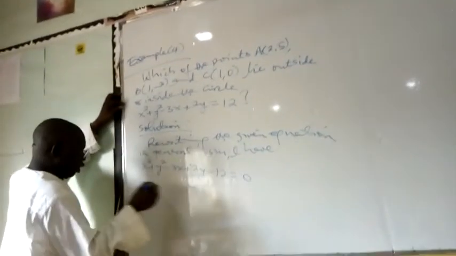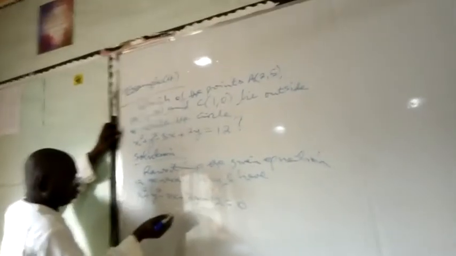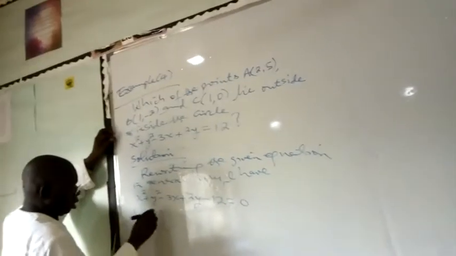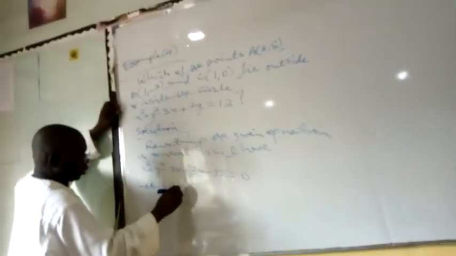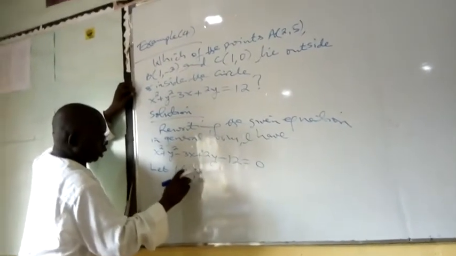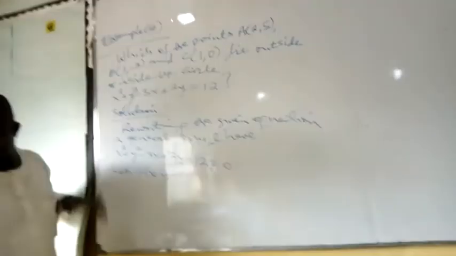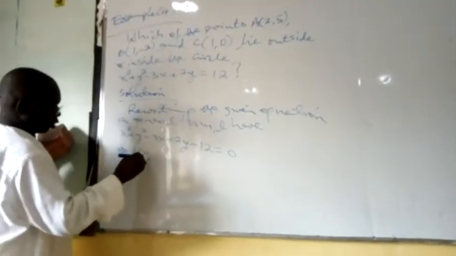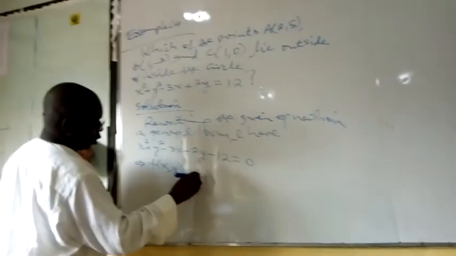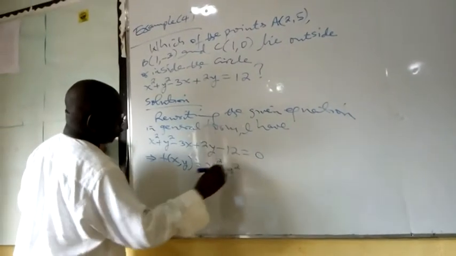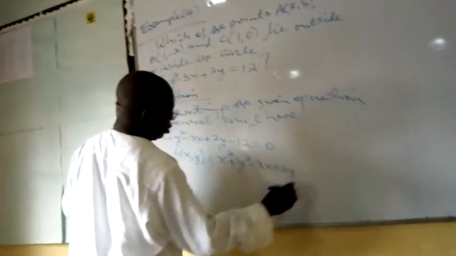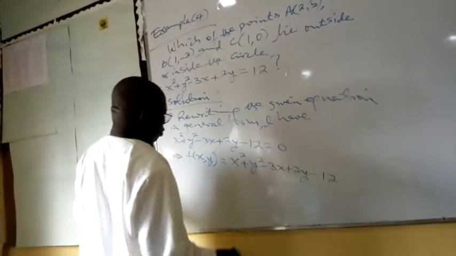Since it's a function of two variables, and the two variables are x and y, I can say that f(x, y) = x² + y² - 3x + 2y - 12.